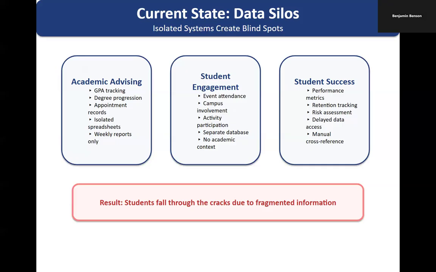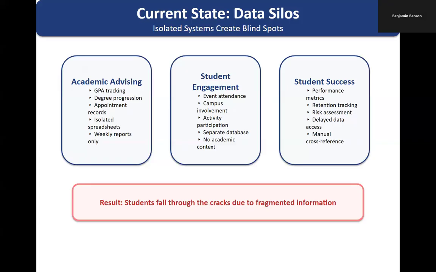Student success will track these other things like retention, performance metrics, risk assessment, but it may take them some time to get that data. So if we want to know how many times a student has gone to student support services like the Learning Center, that takes time because we have to go to whoever is tracking that data.